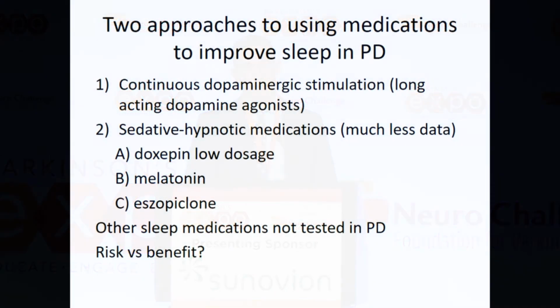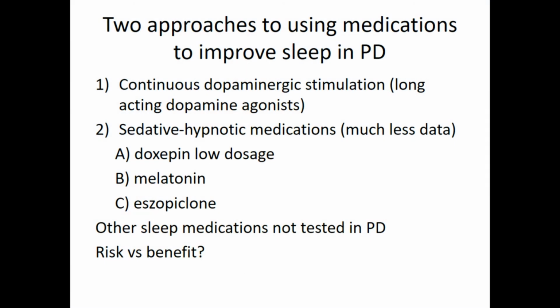Now, there's 2 general approaches to using sleep medications to help improve sleep in PD. One is using long-acting forms of dopamine stimulation, particularly if you're having a lot of nocturnal awakenings from cramping at night or from dystonias at night. A second approach is just using more typical sleeping pills.